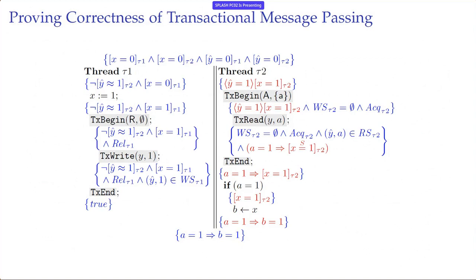The main things to focus on are the annotations in red, but essentially it tracks the views of the different threads, and then eventually says that the view of this thread has been updated properly so that this read ends up reading the right value. That's super quick. You can read the paper for more details, but it's all there.